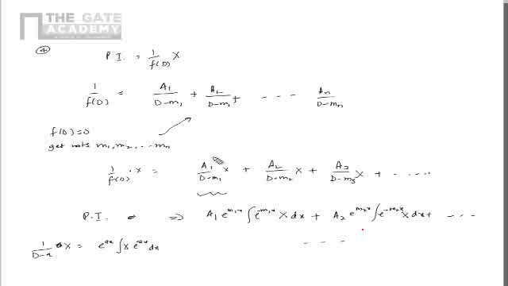So this is one general method. If the form of capital X is not whatever we have discussed in 1, 2, 3, then this partial fraction method you can use to find the particular integral.